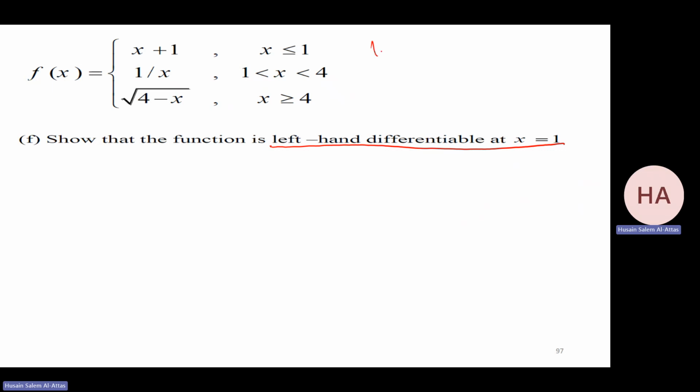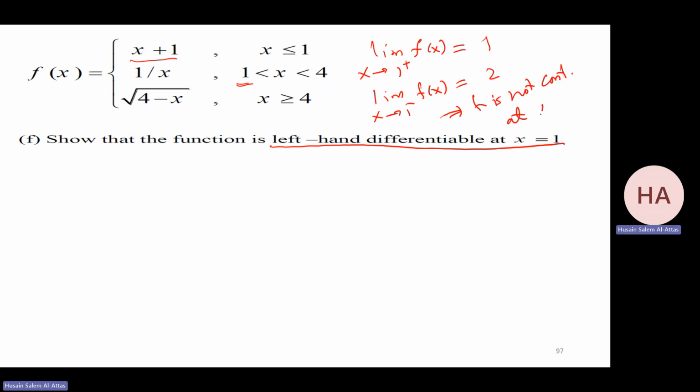Because you notice the limit as x goes to 1 from the right equals 1, and the limit as x goes to 1 from the left is equal to 2. So f is not continuous at x equals 1. So for sure, f is not differentiable at x equals 1.